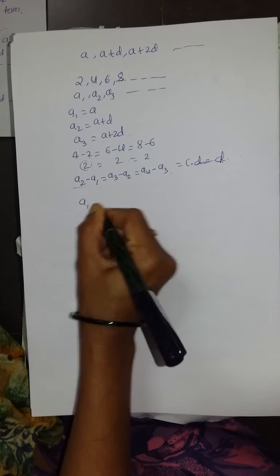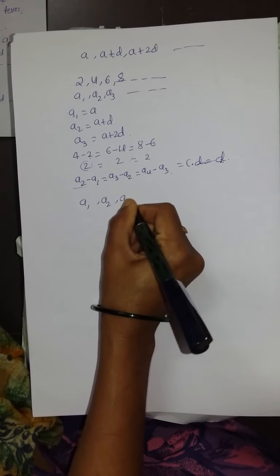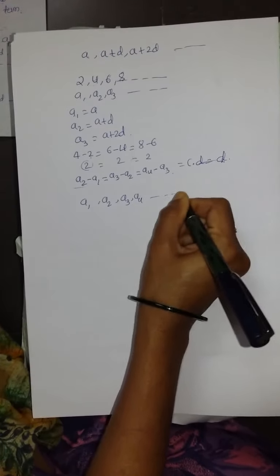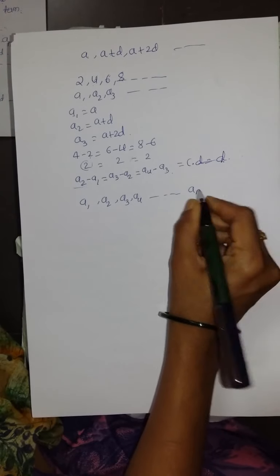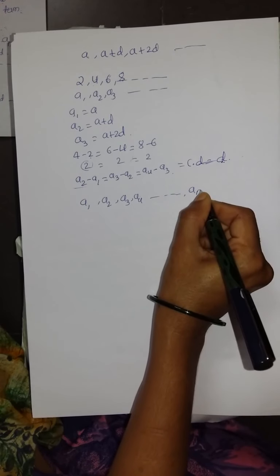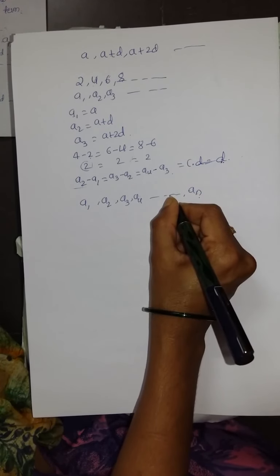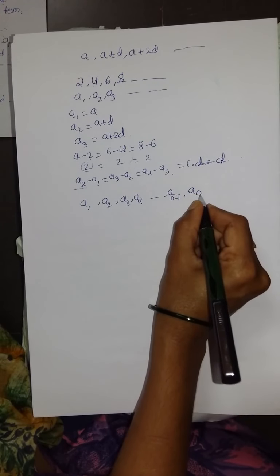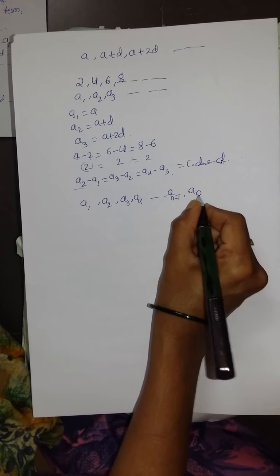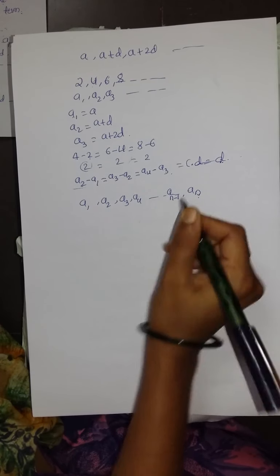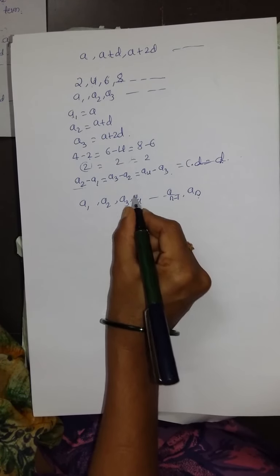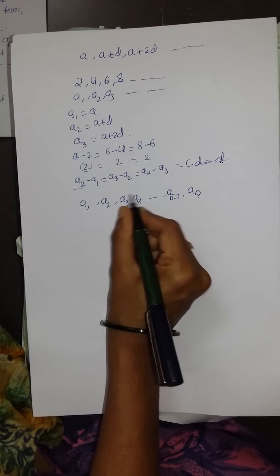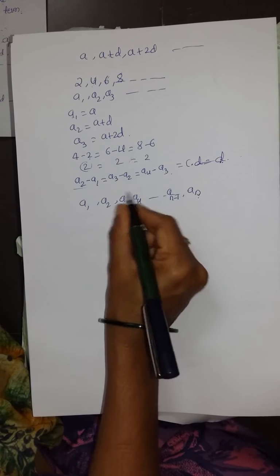So A1, A2, A3, A4, and so on, the last term, that is the nth term, is An. The preceding term of this is An minus 1. We need to subtract 1 from n to get the preceding term. Same as if this is A4, 4 minus 1 is 3, that is the preceding term.